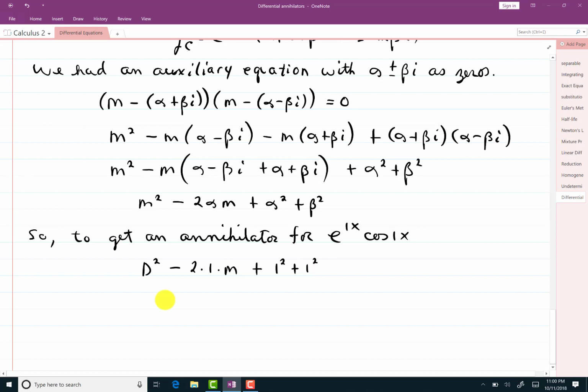So I put a D where an m should have been: D squared minus 2D plus 2.